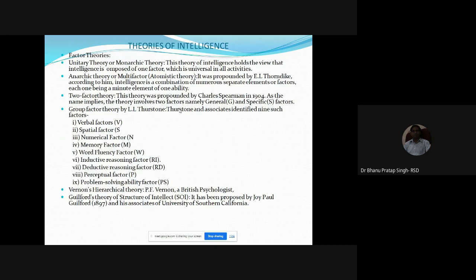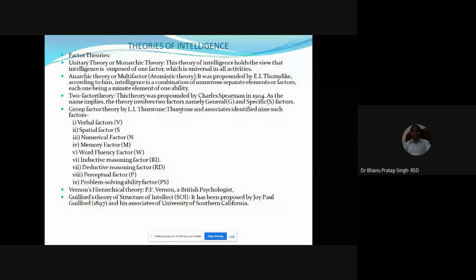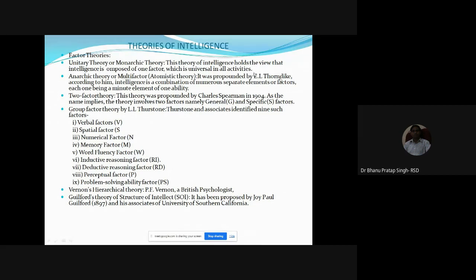So there are various theories of intelligence. One is factor theory, and factor theory is based on one factor theory, many factor theory, two factor theory. This is the unitary theory, means one factor is being analyzed. This is the multi-factor, and it is given by Thorndike.